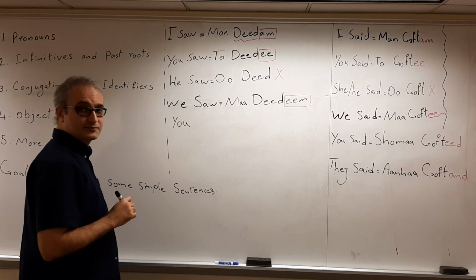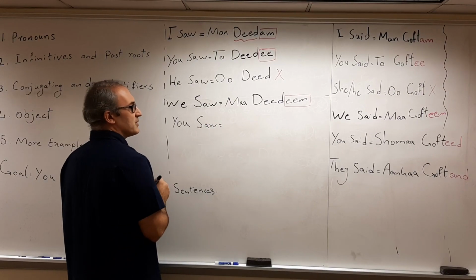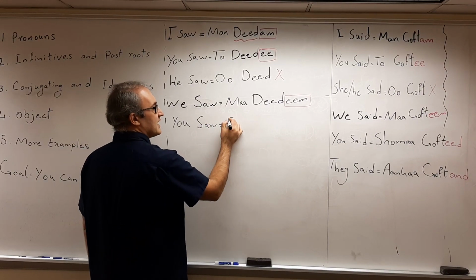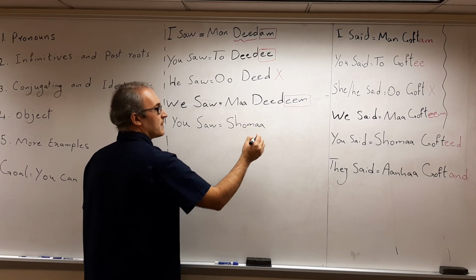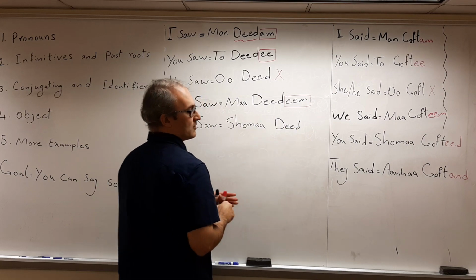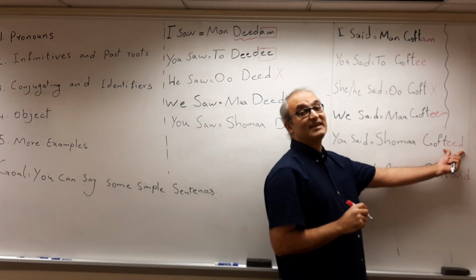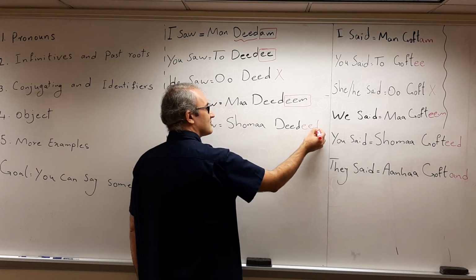You saw. For more than one person, I have to say شما. Did. What's the identifier here? Id. شما did.